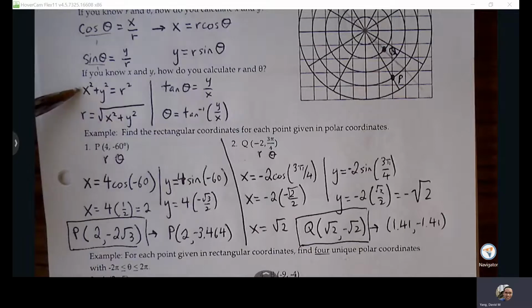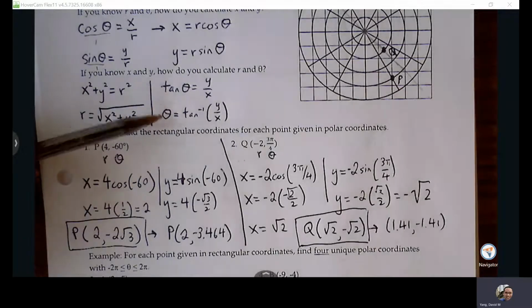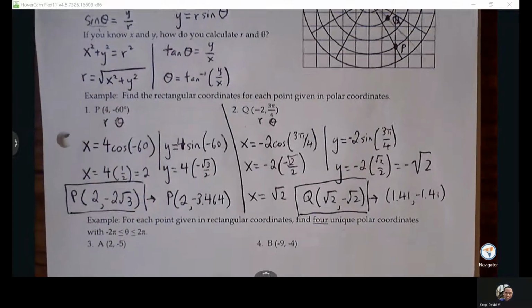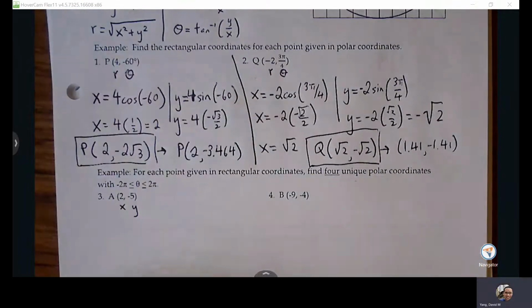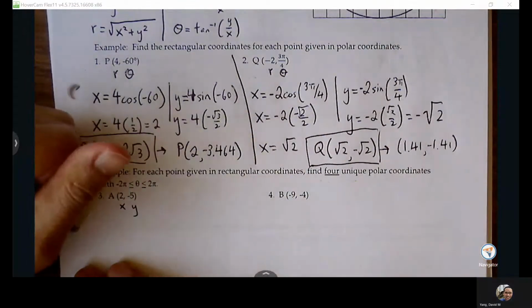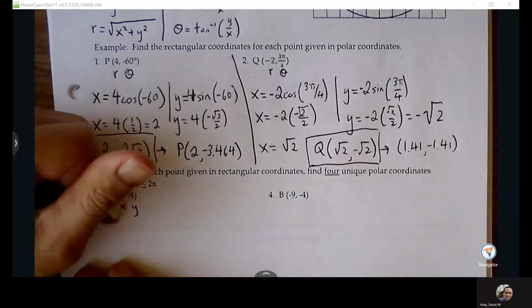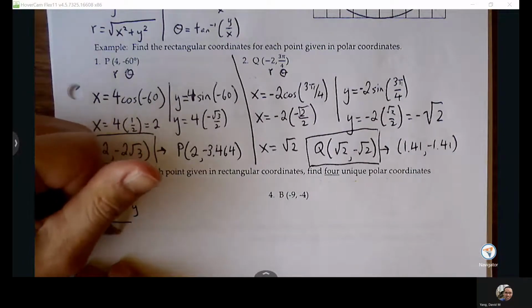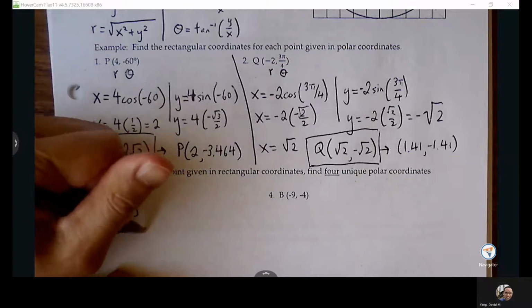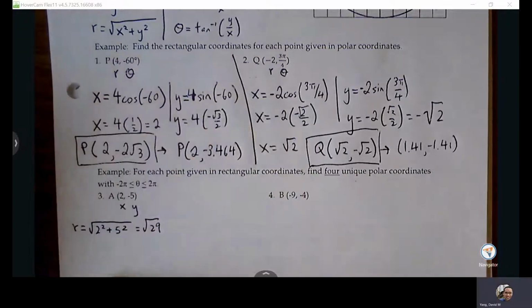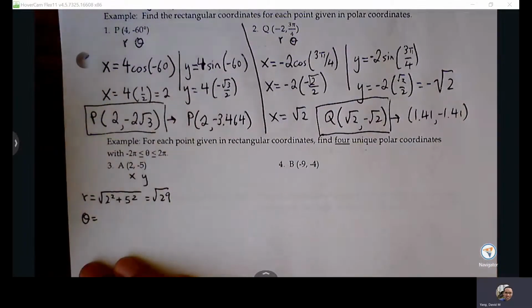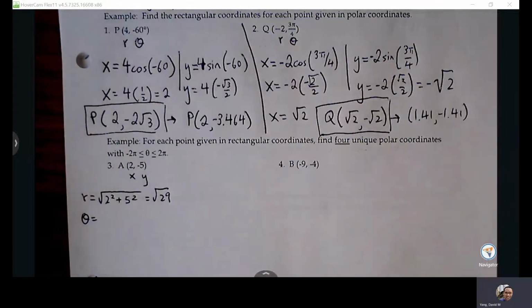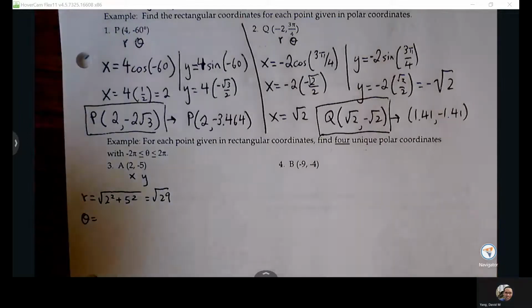We know that the Pythagorean theorem will get us to our radius. We know that inverse tangent will get us to our theta. Remember, with inverse tangent, we also have to adjust to the appropriate quadrant, right?